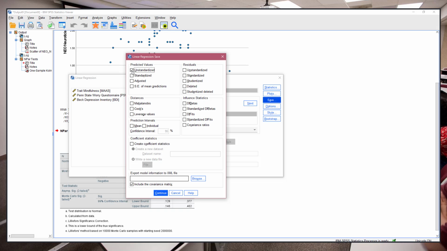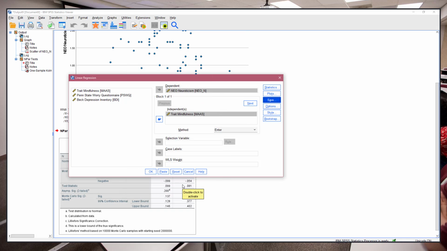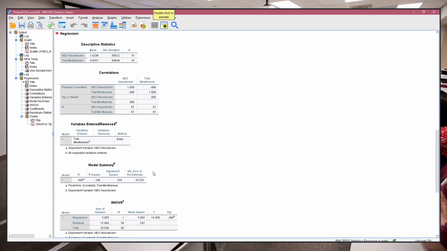And so this allows you to see, in units of the raw variable, what regression would have told you about that person. So go ahead and click Continue. And that's all we need here. So let's go ahead and run.